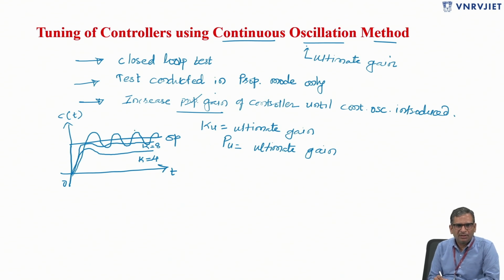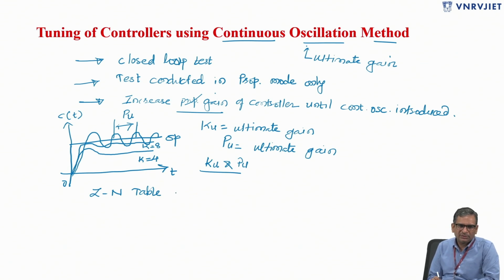From this output, between these two peaks, we are going to find Pu. Once we have the Ku and Pu values, we substitute them in the Ziegler-Nichols table. The Ziegler-Nichols table will give us the PID controller settings.